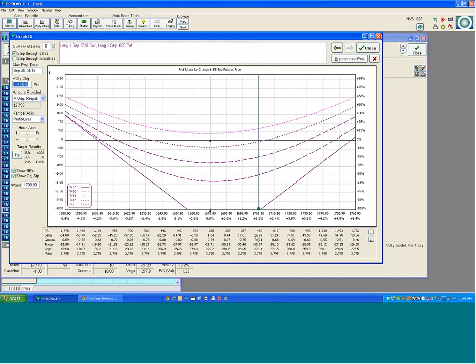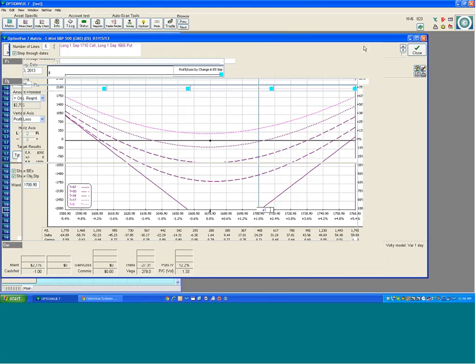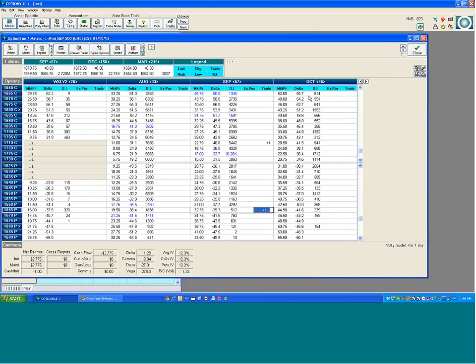But just looking at it from the standpoint of adjusting your deltas, you would say, how do I get negative deltas? Well, we do a credit call spread. You could take profits on your 1710 call by selling it, and then you could purchase an out-of-the-money 1750 call.